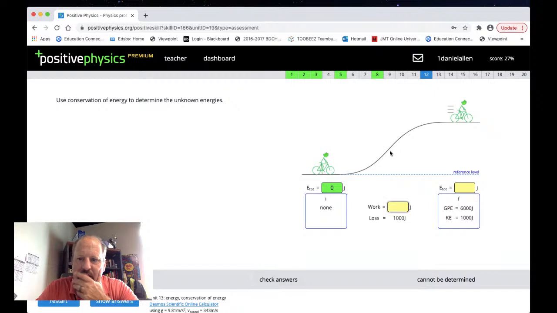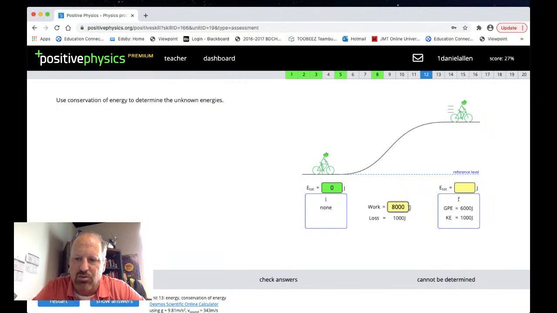So the work done here, if the loss is 1,000, the work done here has to be equal to the change in energy at the end. So the total energy change is 6,000 joules of gravitational, 1,000 joules of kinetic, for a total of 7,000 joules. And then there was a loss of 1,000, so there should be 8,000 joules of work entered.